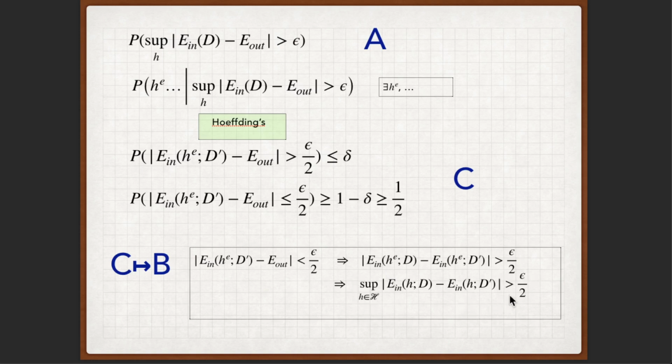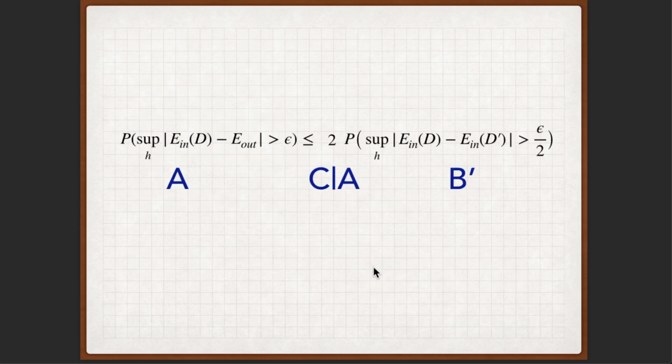So now we do not distinguish too much between these two events. They are very naturally linked. Let's call that B prime maybe. Therefore, we can convert our discussion about the probability of A in terms of the probability of the event B prime.